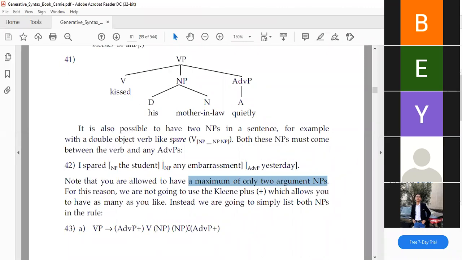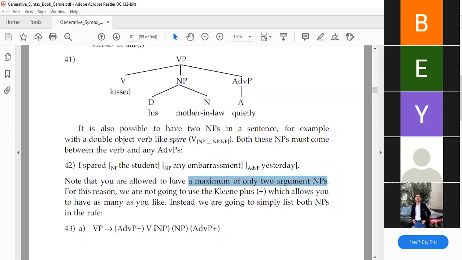And مريضا, according to some grammarians, is مفعول به ثالث. Some say this is حال, but some say this is 3 objects. So the maximum in Arabic, maybe according to grammarians, can be 3 argument NPs. But in English, the maximum is 2.